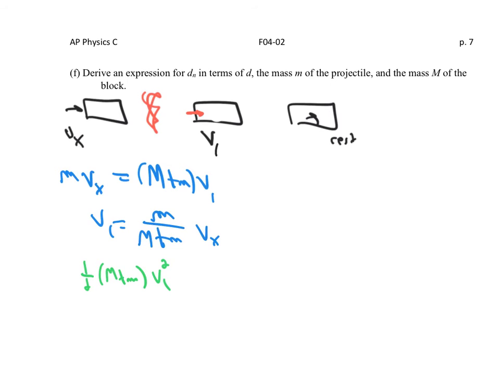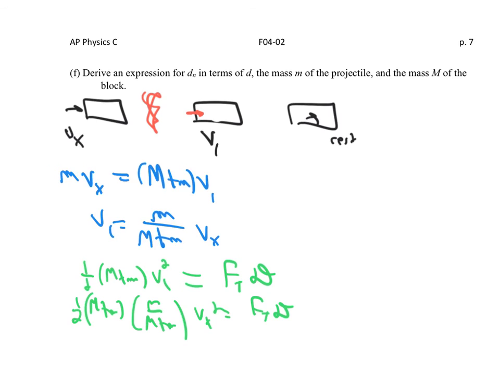And that kinetic energy has to equal the work done by the table. The block and projectile together have to give up all that energy by friction. So we end up doing a little bit more substitution. We have 1/2 the sum of the masses times this ratio is FTD.